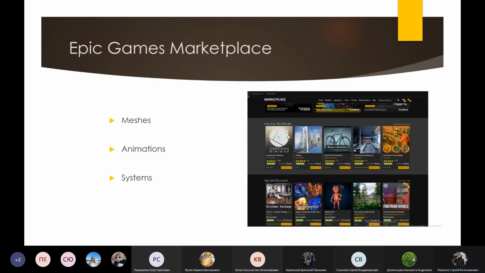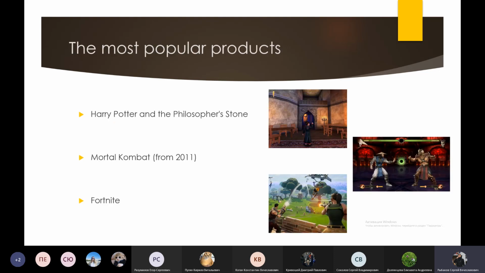So actually, a beautiful part of Unreal Engine is the Epic Games Marketplace, where you can buy or download for free some meshes, models, animations, scripts, plugins, and systems for your project, but not for each version of Unreal Engine and operating system. So you need to be careful and attentive during shopping here.